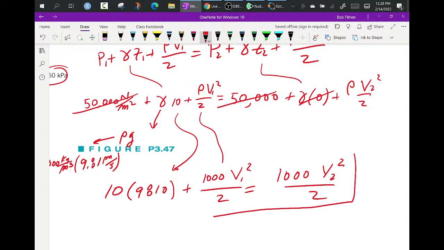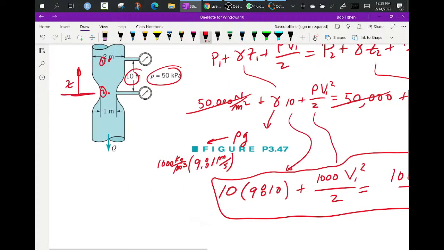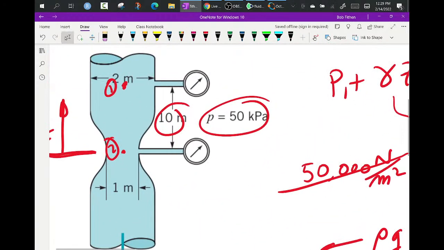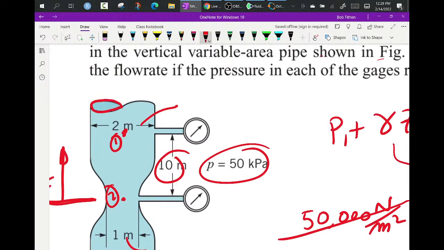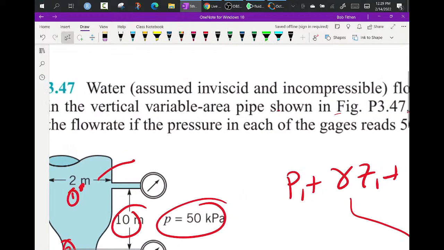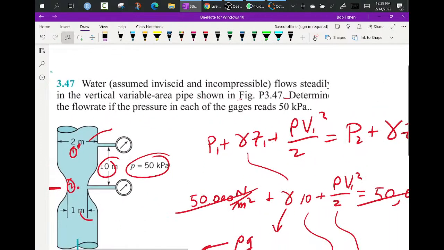Now, you don't know V1, you don't know V2, but what you do know is the diameter here is twice the diameter here. I'm assuming they're diameters because this kind of indicates sometimes that it's a sliced off section that's a height, pi r squared, you know, that kind of stuff.